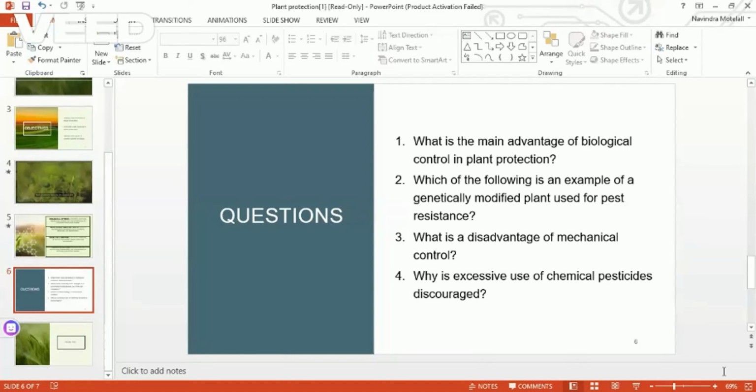Yes, very good. The fourth question, why is excessive use of chemical pesticides discouraged? Miss, because it damages the soil. Miss, the chemicals can get into waterways and humans can also consume them. Yes, very good.